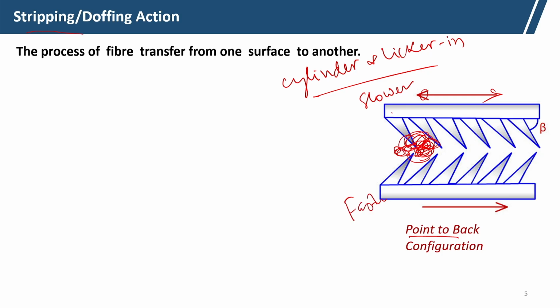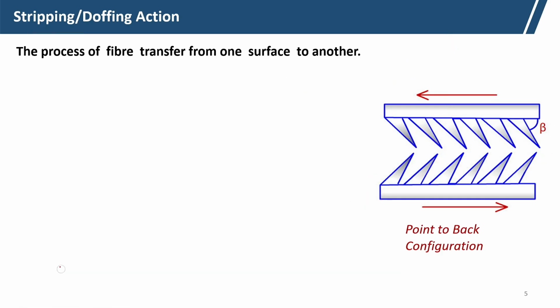If the slower surface is carrying a fiber, it will get transferred to the surface which moves faster. So, in the case of Licarin and cylinder, Licarin is the slower surface and cylinder is the faster surface. Fibers get transferred from Licarin to cylinder, and this process is called stripping action. So, now the necessary conditions for stripping.